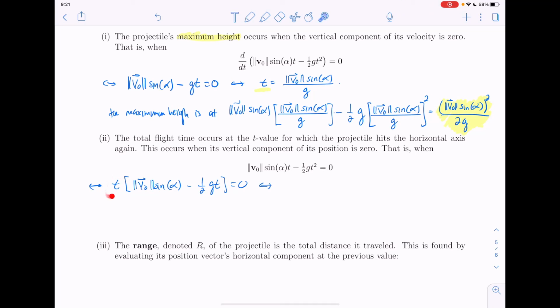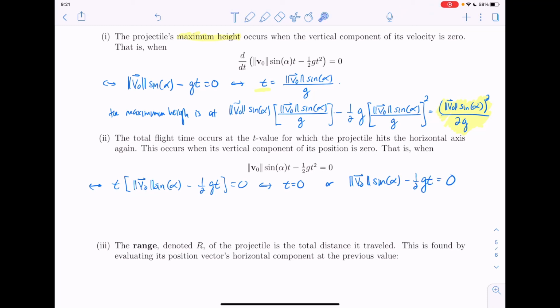One, that the first factor is equal to 0, and two, that the second factor is equal to 0. If the first factor is equal to 0, we get t equals 0. The second factor, however, will be the magnitude of v0 sine of the firing angle minus 1/2 gt is equal to 0.